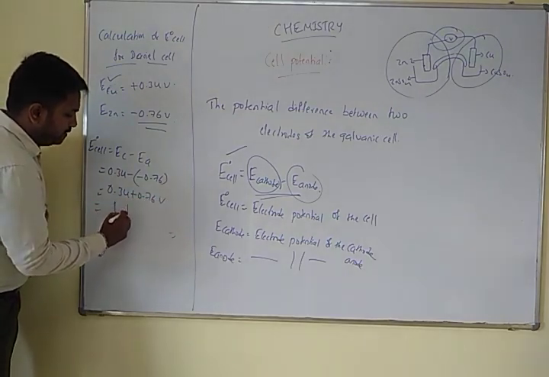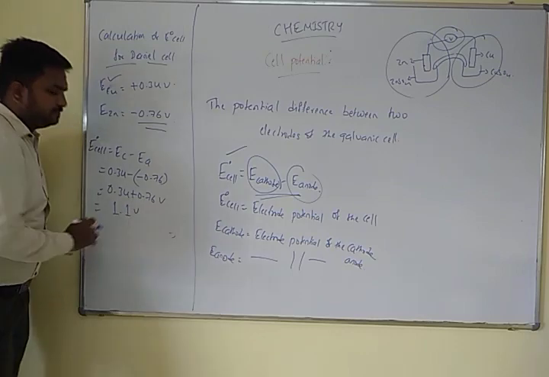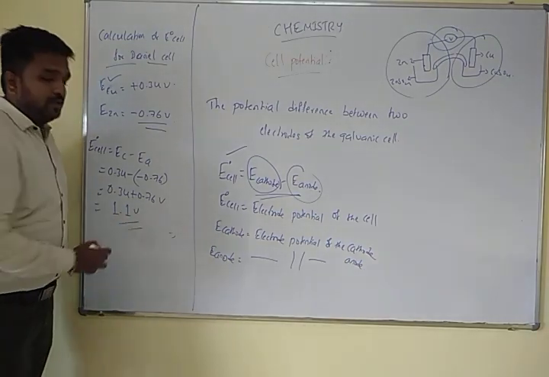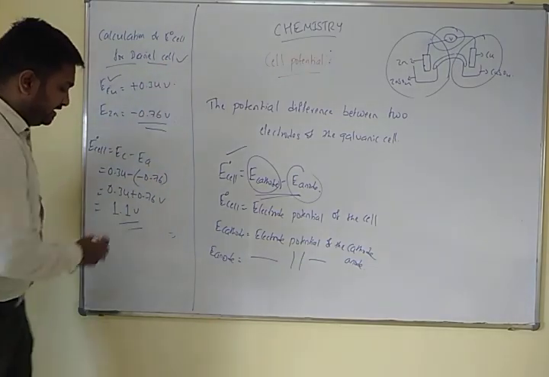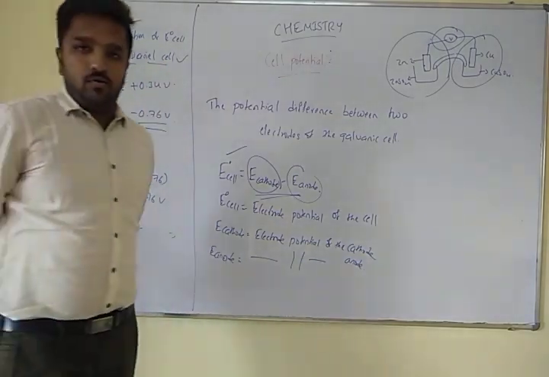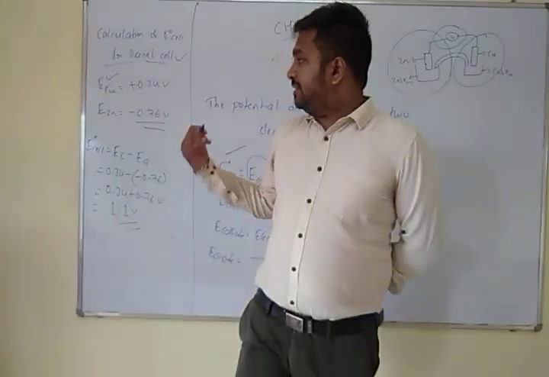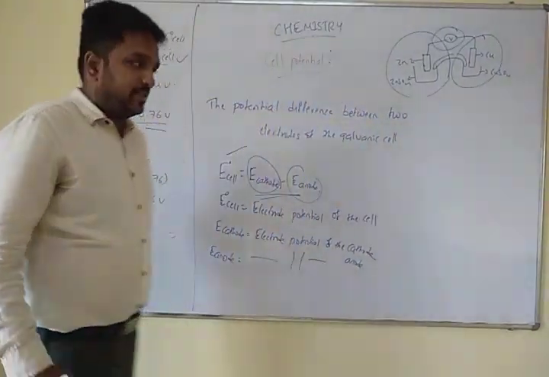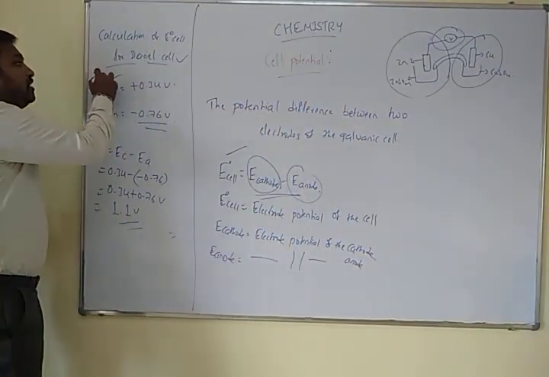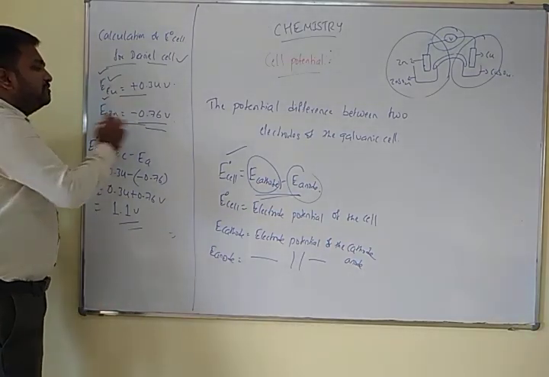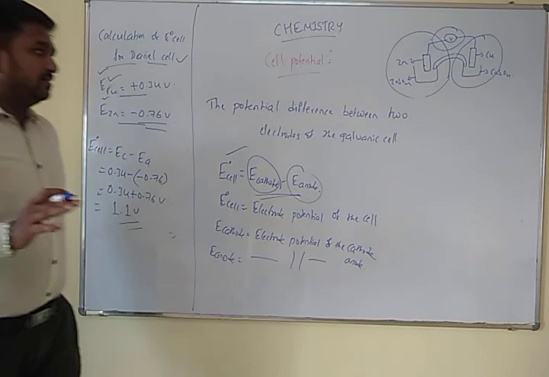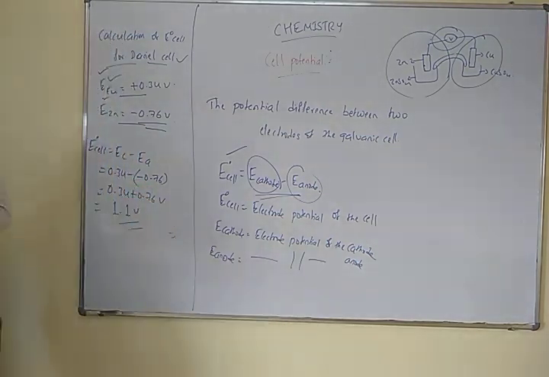So the cell potential value of the Daniel cell is 1.1 volts. This is how we calculate the cell potential of other cells also, by knowing the values of electrode potential. These electrode potential values are given in a chart. We'll study about this now.